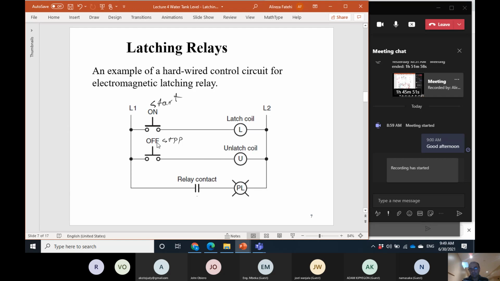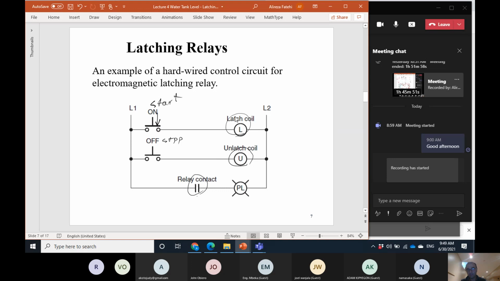Each of them individually is connected to either of these coils. One of them to the latch coil, the other to the unlatch coil. And the contact of that contactor is connected to the pilot light.